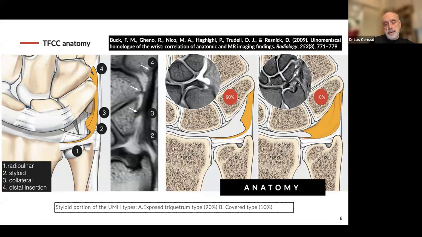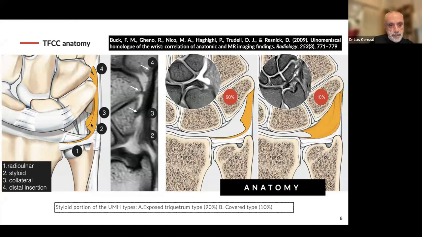The ulnomeniscal homologue is a structure with several anatomical parts. The most important one is the styloid portion, from the tip of the styloid to the dorsal aspect of the triquetrum, with the collateral and distal insertion in the medial aspect of the hamate and base of the fifth metacarpal.